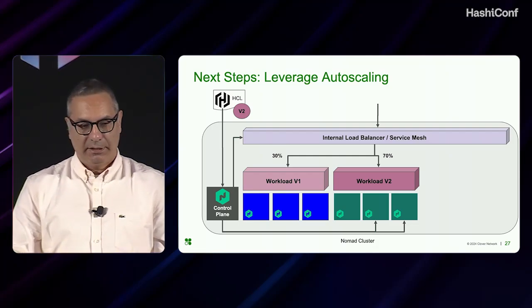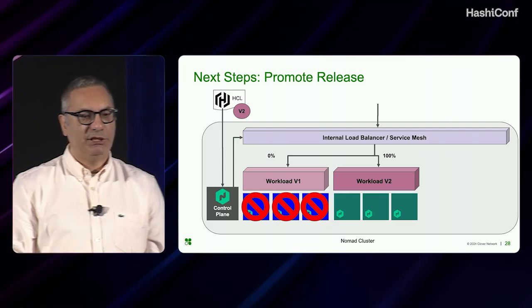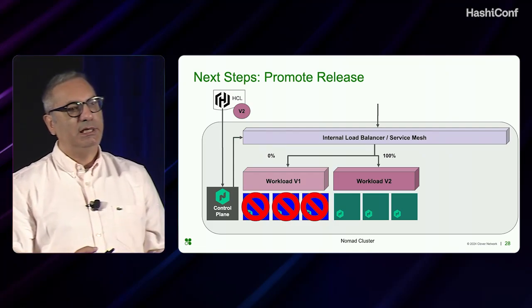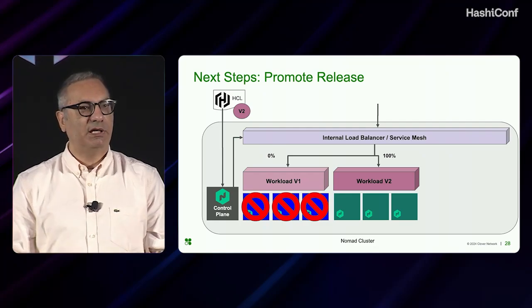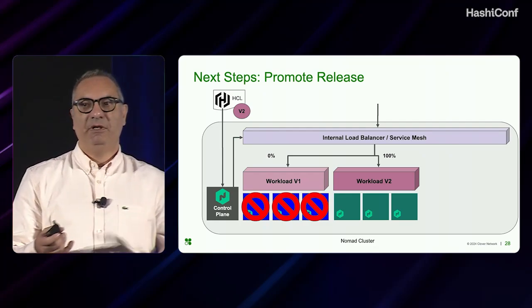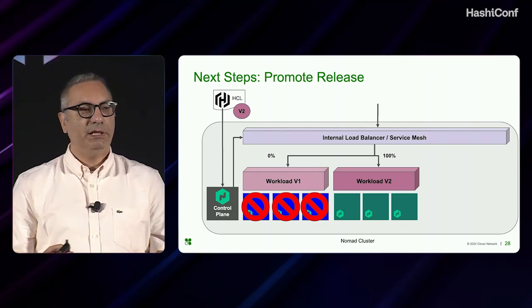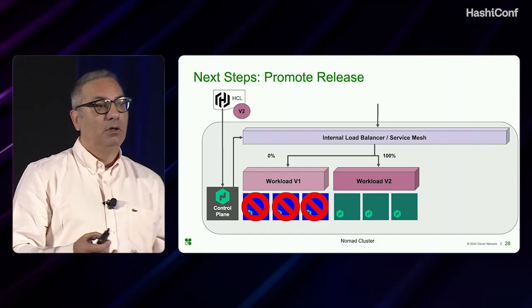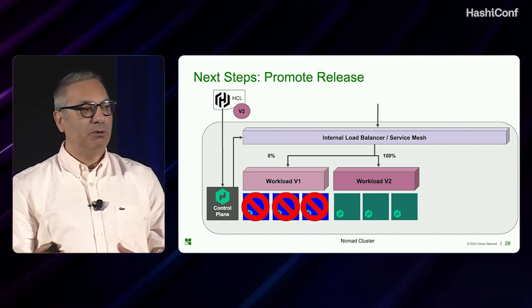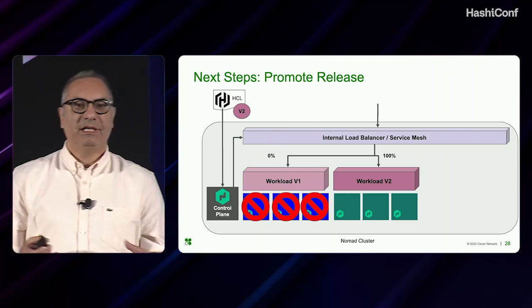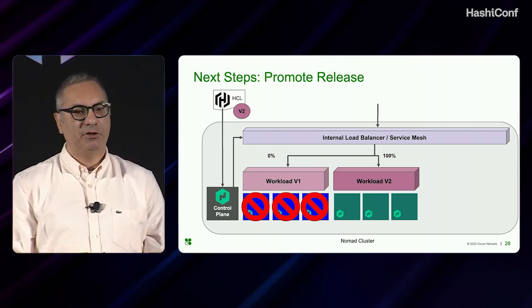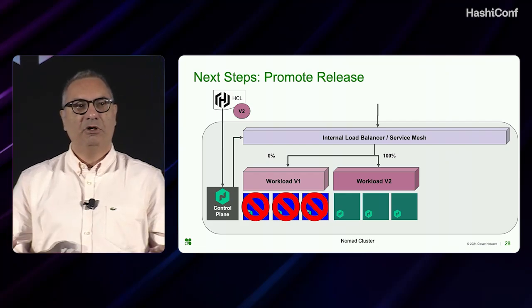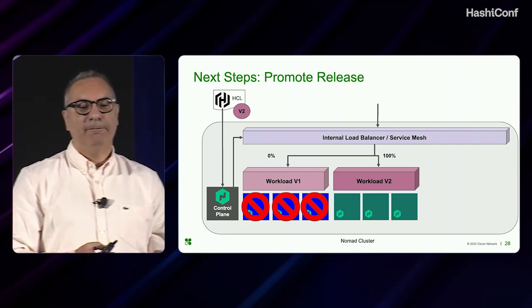And then there is another aspect, which is to promote the release. So at a certain point, after we've run it for some time, we did some testing, everything looks good, we should be in a position to say, okay, now we think that this version is stable. We don't need to keep the old version around because the customer has been running happily on that version. Nothing has been reported for a certain number of weeks.